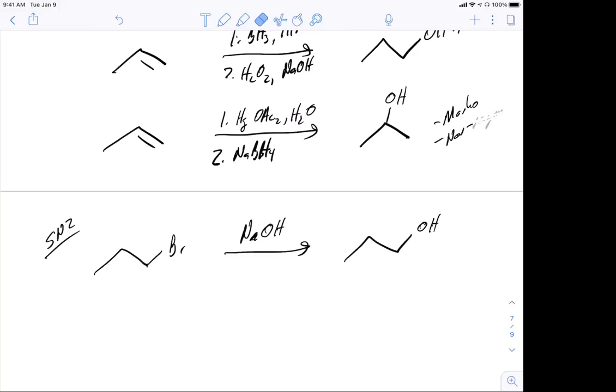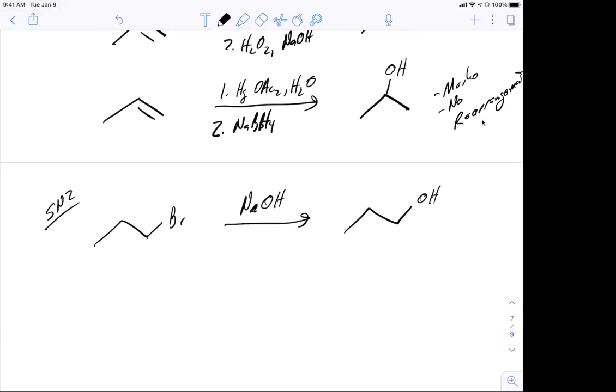Let me rewrite this. Okay. No rearrangement. So if we look at this one, we potentially could have elimination products here. If it's the primary, the substitution would be favored. So substitution and elimination are sometimes in competition.